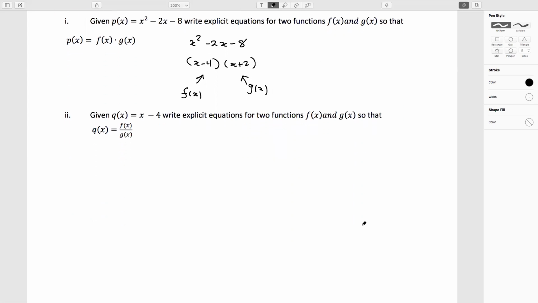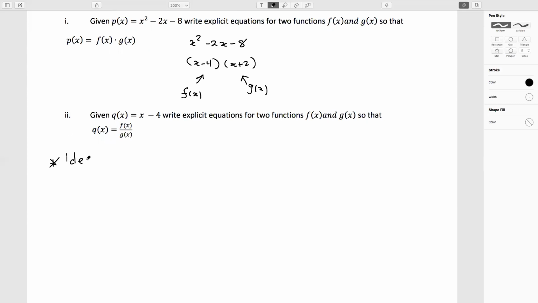Lastly, finding a quotient. This is a little bit trickier, and you'll see why in just a minute. The quotient has to equal x minus 4. But we're dividing two functions. And the idea is that when you divide g of x out of f of x, what's left is x minus 4. So let's come up with a strategy.